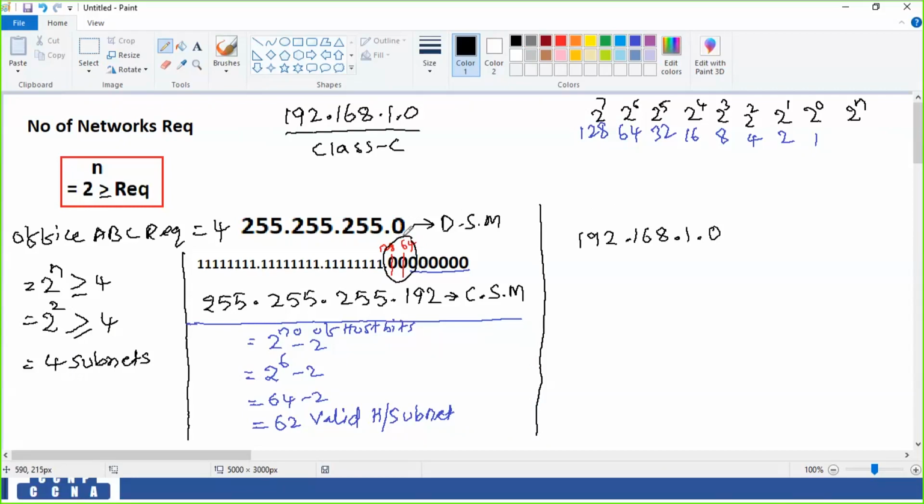Out of those 2 bits, which one is the least converted bit? 64. The least converted bit is the magic number. Remember always, the least converted bit is the magic number: 64. Then you can write 192.168.1.64.